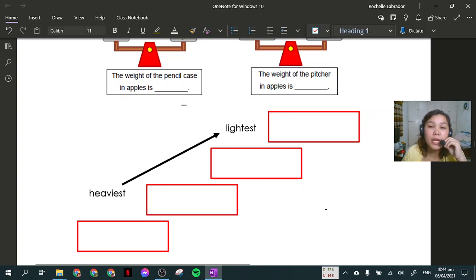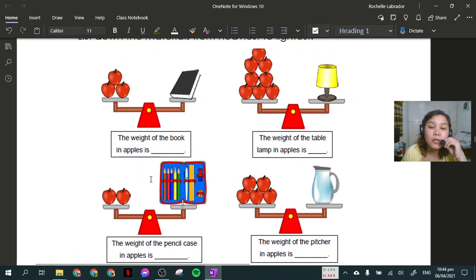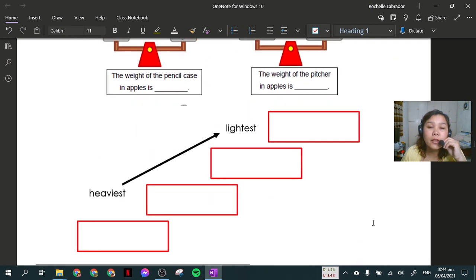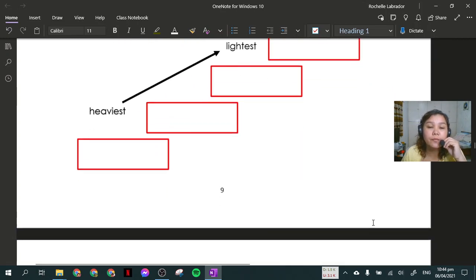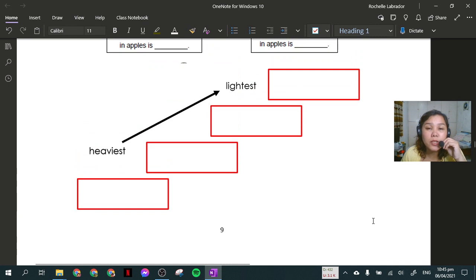Pinakamabigat hanggang sa pinakamagaan. So what are the choices? It's from the objects here: book, table lamp, pencil case, and then pitcher. So you just write down the word name for each object. Okay, to finish this, pause, and then you just resume if you're done.